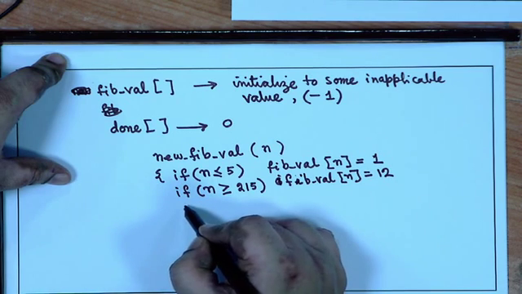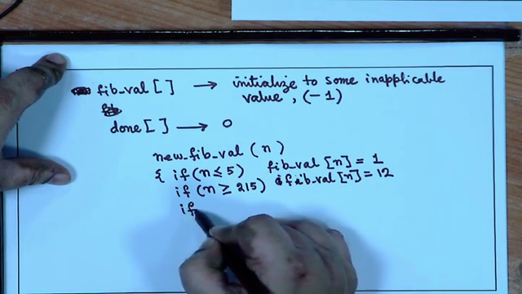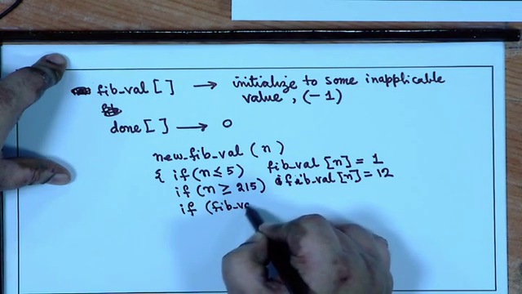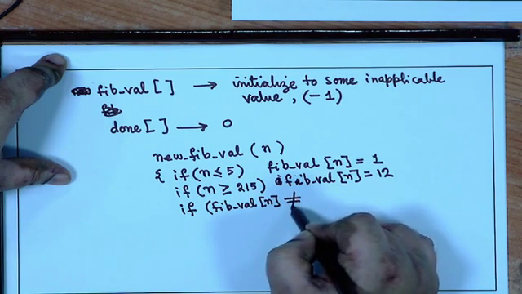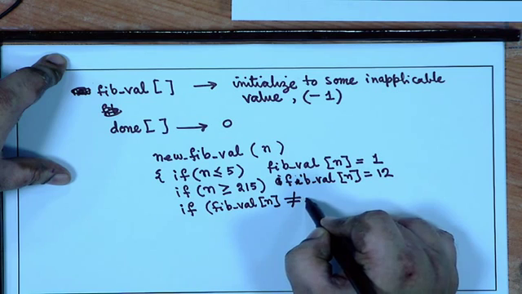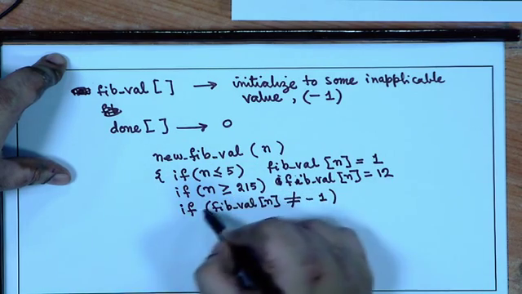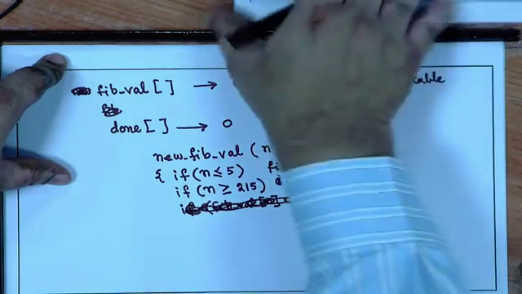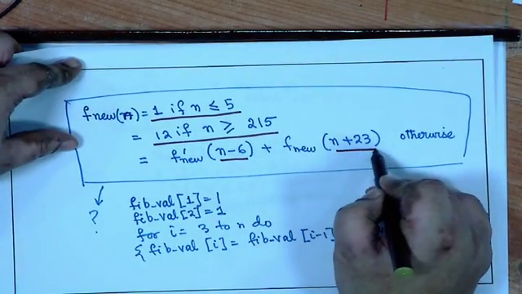Otherwise, we will check whether fib_val(n) is not equal to minus 1; sorry, we have already called fib_val(n). So we will check it for n minus 6 and n plus 23.